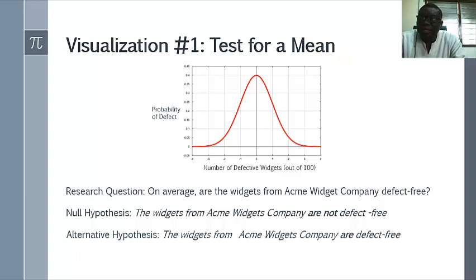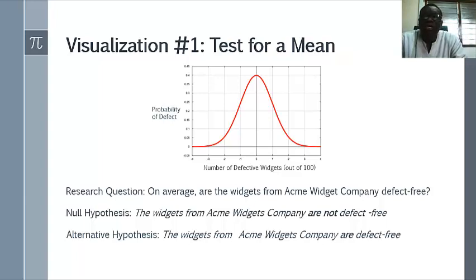In the test for a mean, we'll be looking at the research question and then a null hypothesis and an alternate hypothesis. But there's one thing I want to establish. For a null hypothesis, the population mean equals the hypothesized mean.